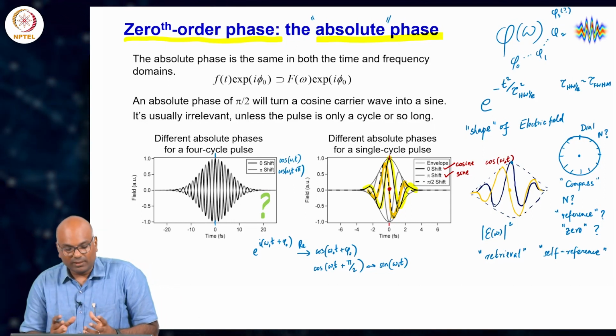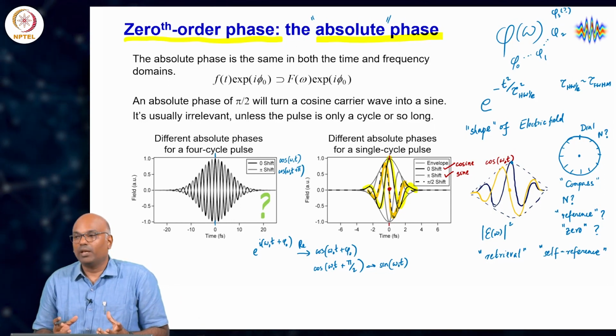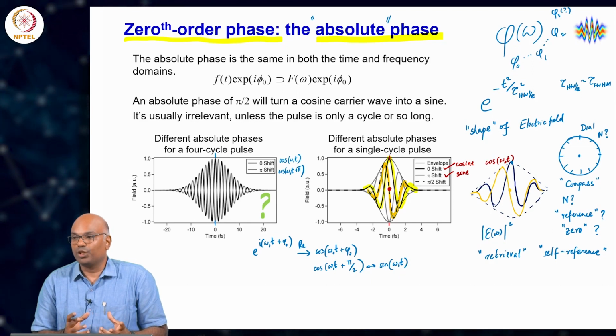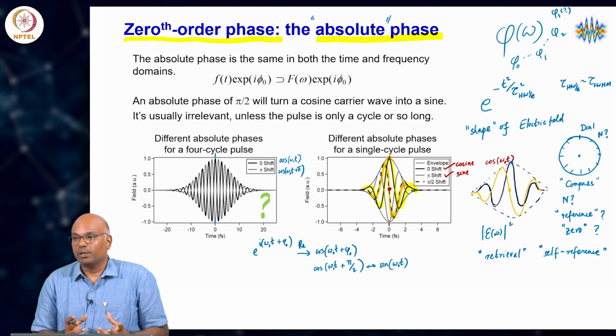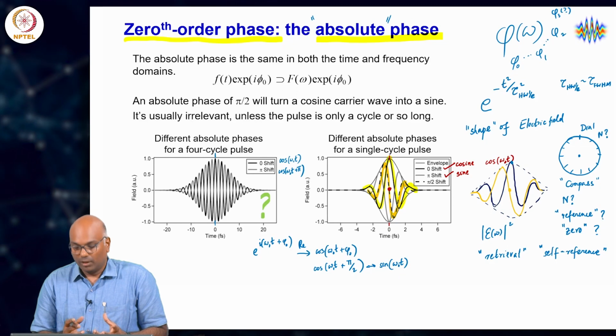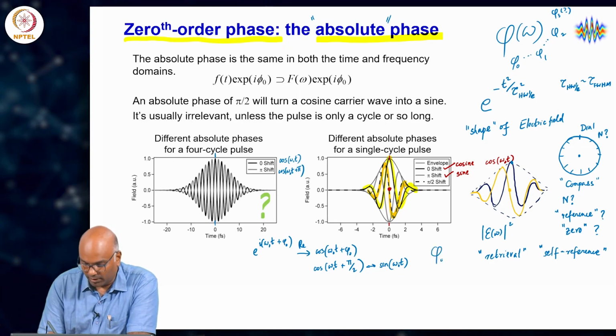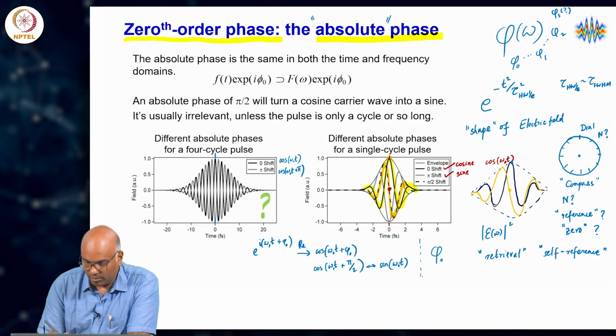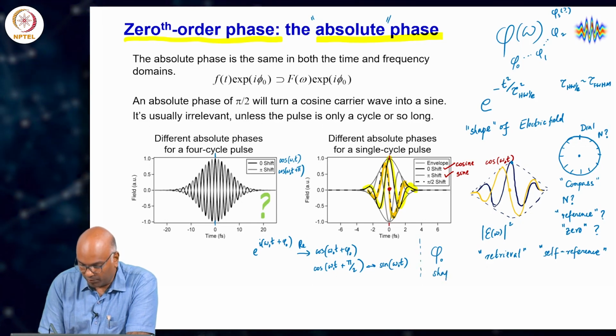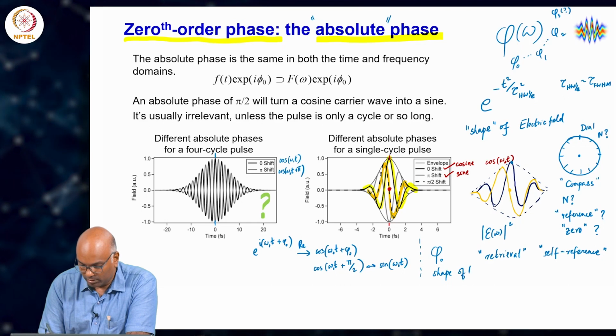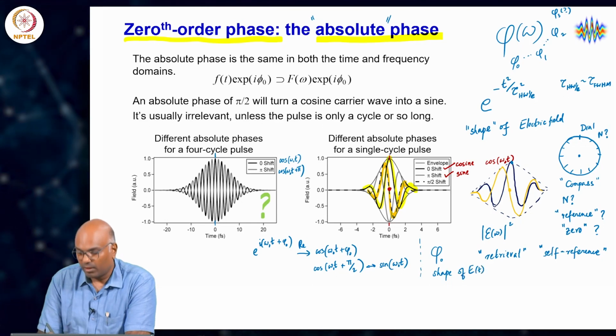So all these, and any in between value for phi 0, any other intermediate shape for these pulses, are all captured by the single quantity, that is phi 0, the shape of E underneath the envelope.